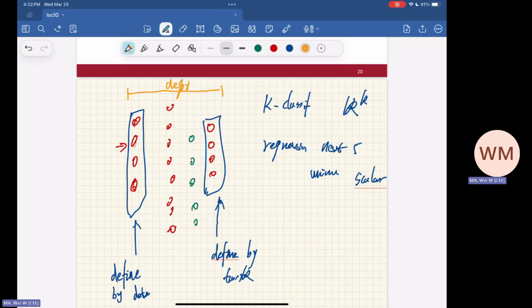How many layers you have is called the depth of the neural network. And how many neurons you have in each layer is called the width of the neural network.